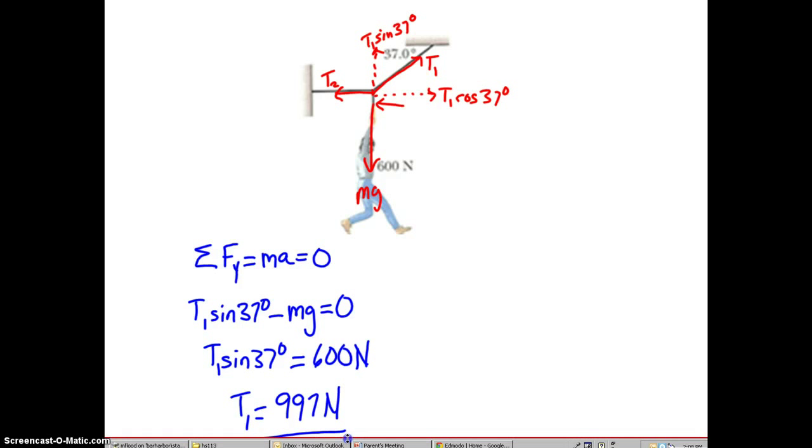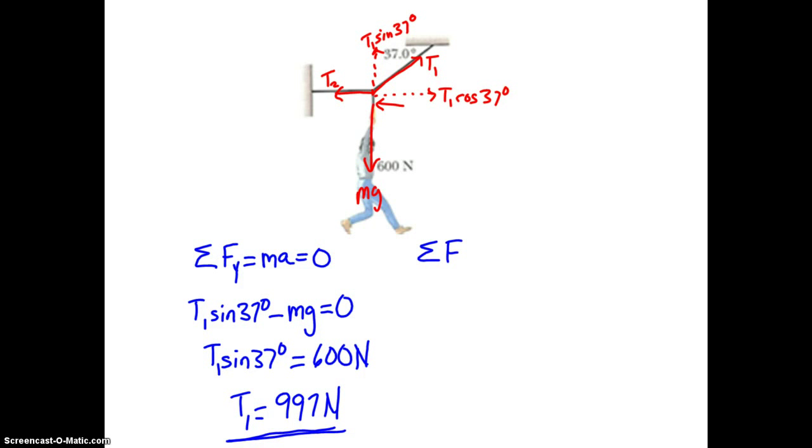Now that we have this answer, we can go ahead and summate forces horizontally, because now we know T1 and we can solve for T2. So now we summate forces in the x direction. The cat burglar is still not accelerating in the x direction. He's in equilibrium. All forces add up to 0.